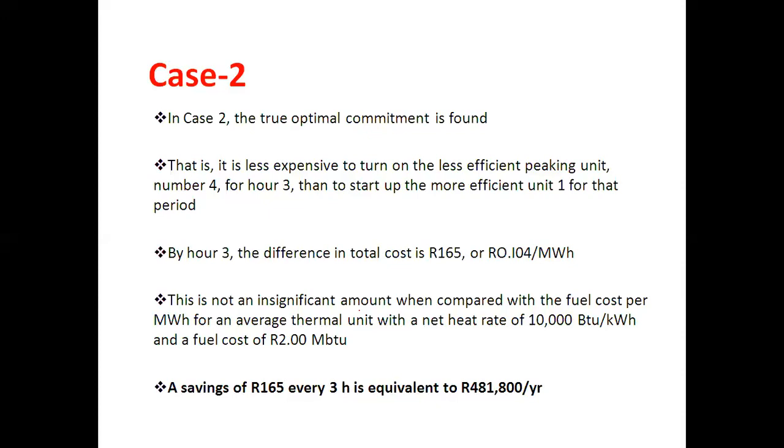So why will we run that? If I do the cost calculation for hour 3, it is clear that the difference in the total cost is 165, that is 0.014 rupees per megawatt hour. This is not an insignificant amount when compared with the fuel cost per megawatt hour for an average thermal unit with a net heat rate of 10,000 BTU per kilowatt hour and a fuel cost of rupees 2.0 per MBTU.